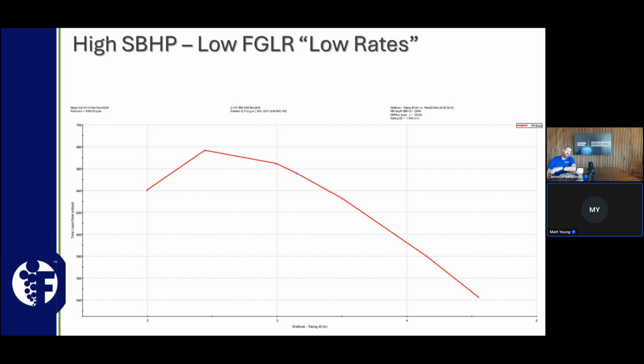In reality, this one probably shouldn't be on a dynamic form of artificial lift such as gas lift, but if you were to put it on gas lift, 2 3/8 or 2 7/8 tubing would be your ideal flow path, meaning a very small flow path for this well type.